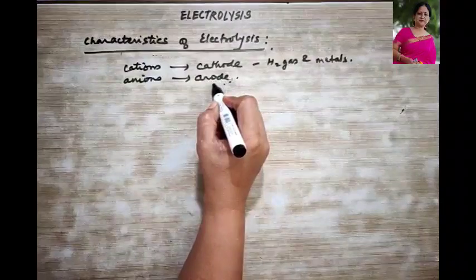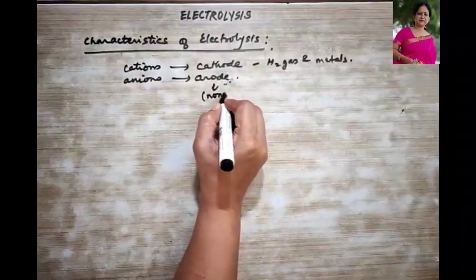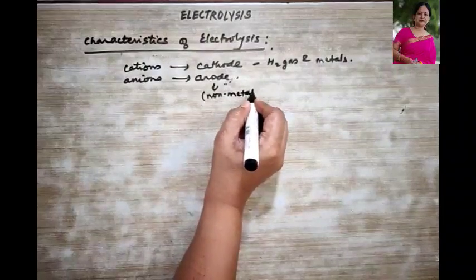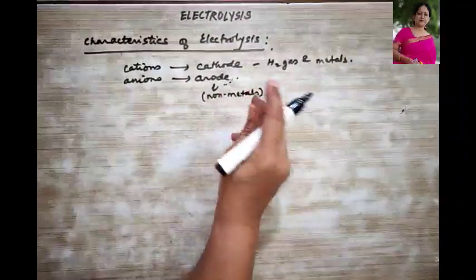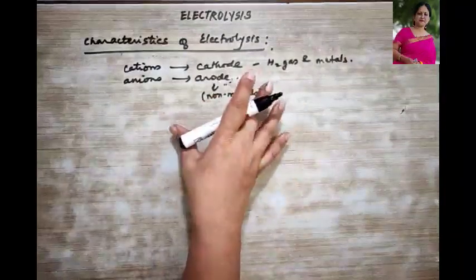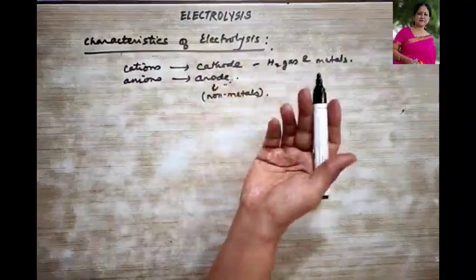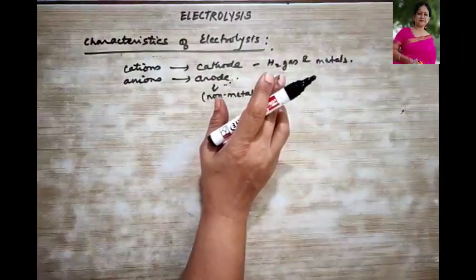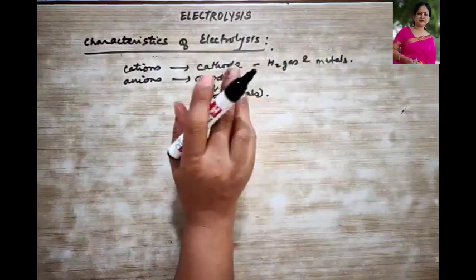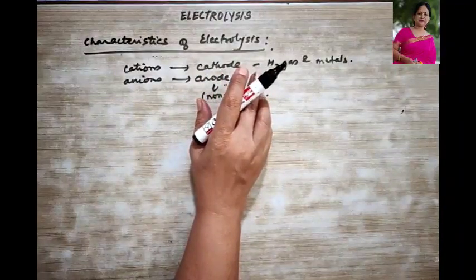Only non-metals are liberated at the anode, therefore they are electronegative elements. Then the mass of the substance produced at an electrode during electrolysis is always proportional to the quantity of electricity that passes through the electrolyte, right?